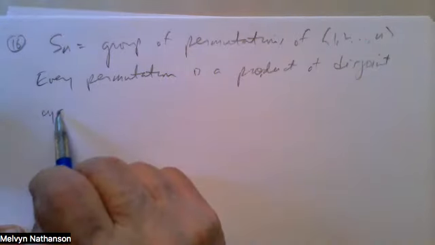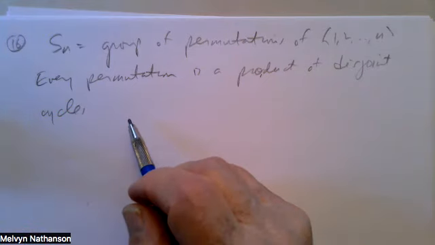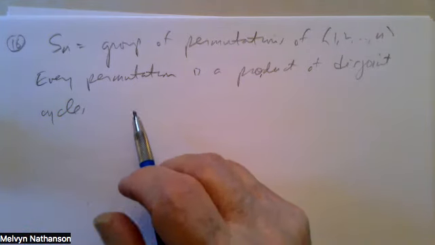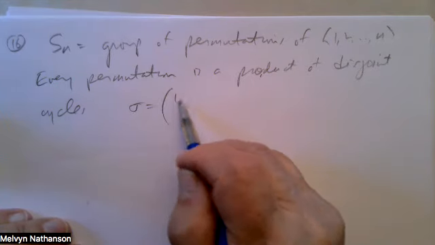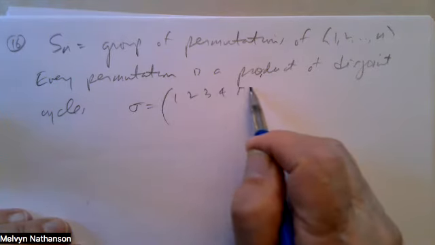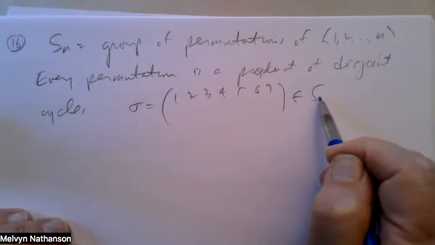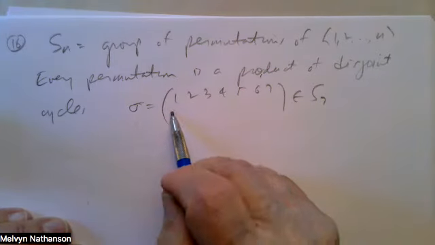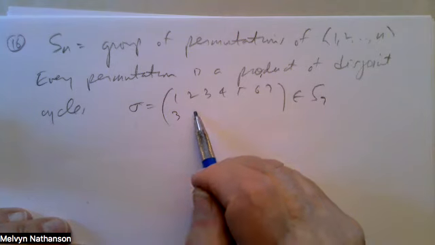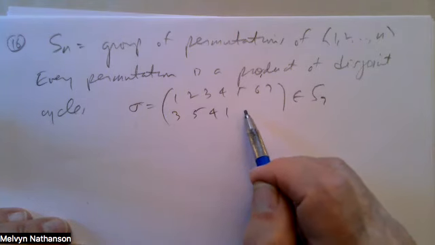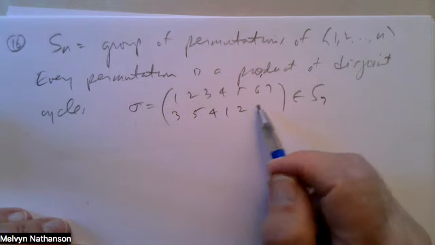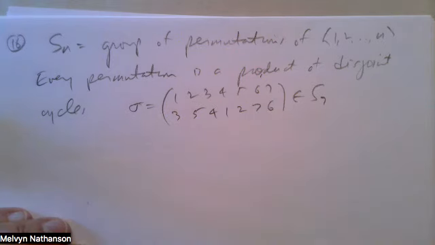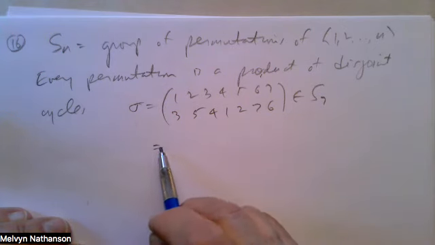of disjoint cycles. So for example, if we take sigma to be some permutation of S7, say 3, 5, 4, 1, 2, 7, 6, I can write this as a product of cycles.